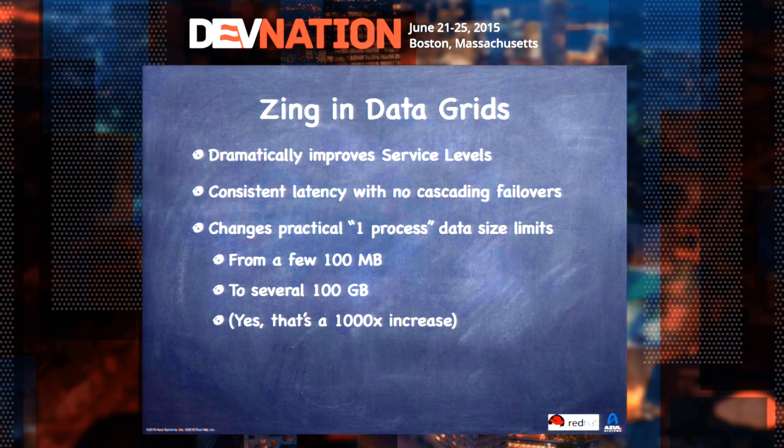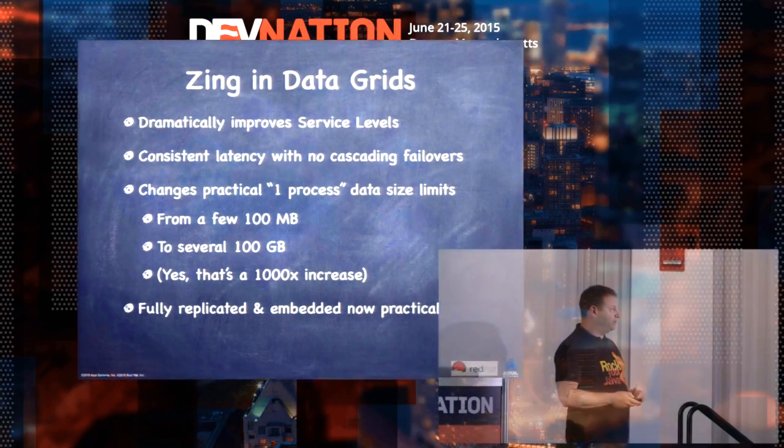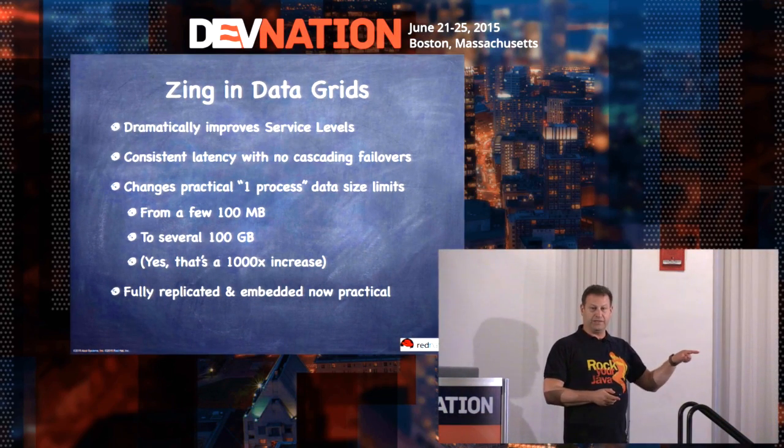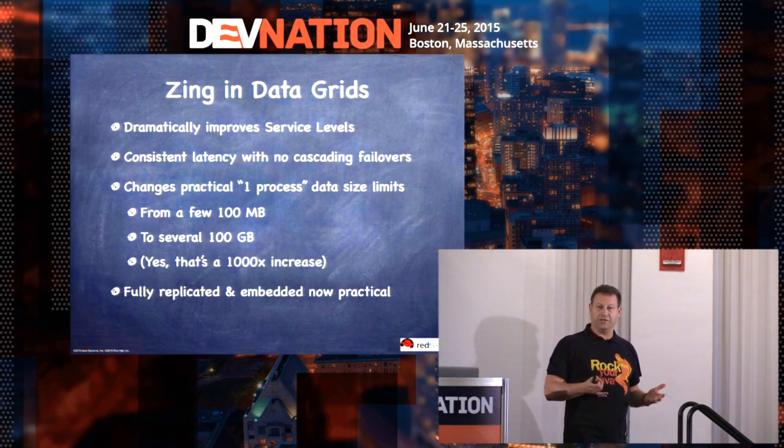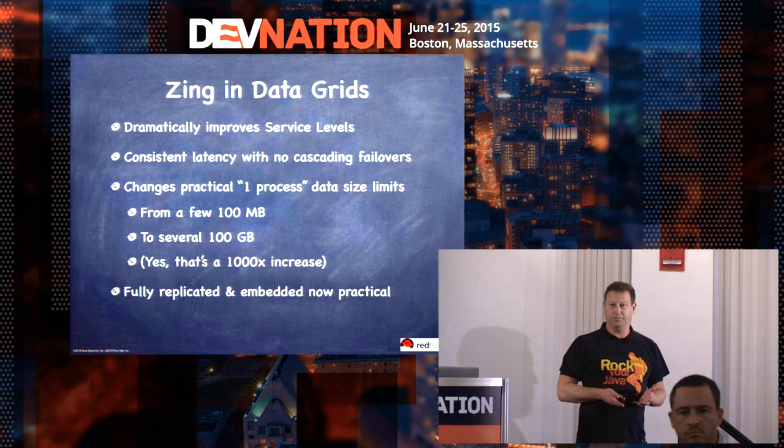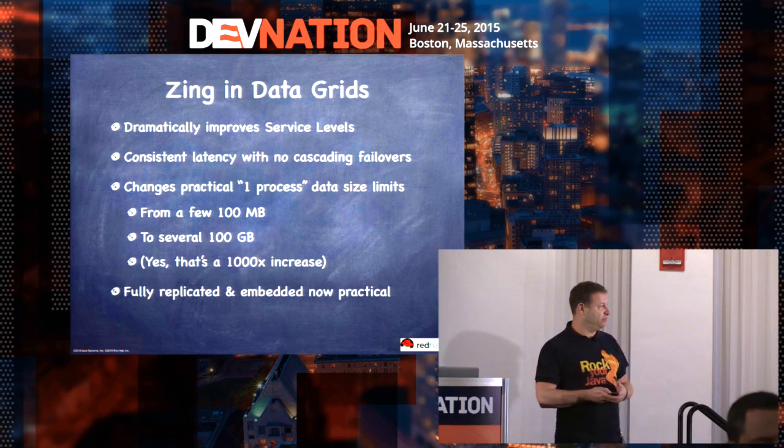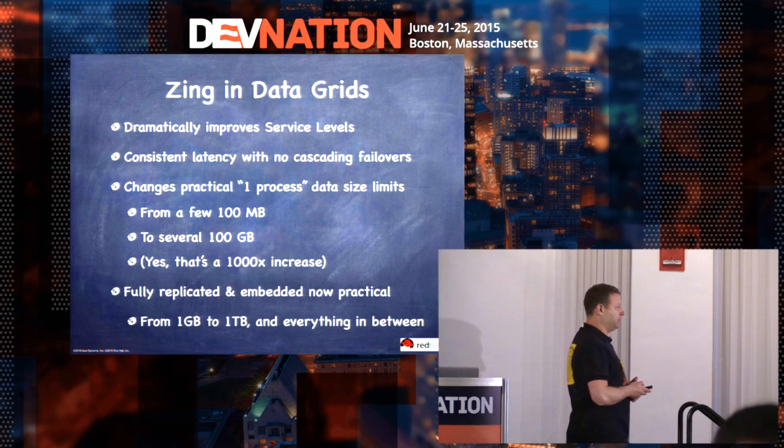And yeah, that's 1000x. It's a huge difference in what you can practically do with a fast replicated data grid today. Now, fully replicated and embedded is now practical for the applications where that's an architectural match, where moving to the sharded model was a duct tape form of moving the stuff away within the same exact APIs.